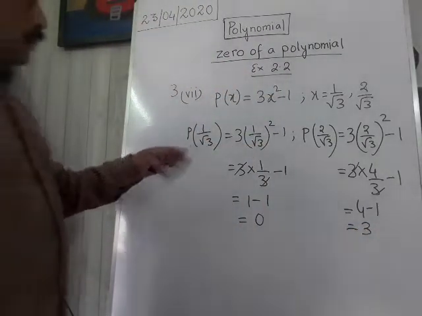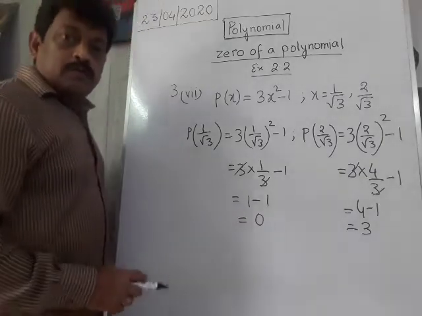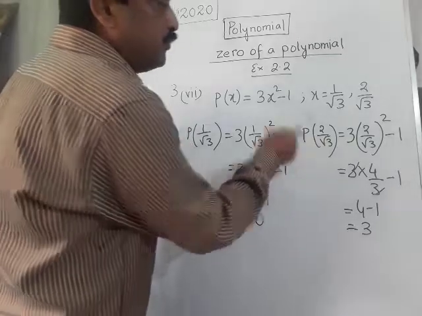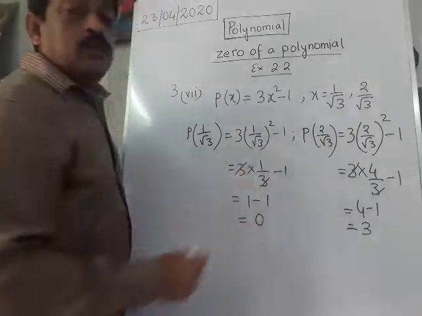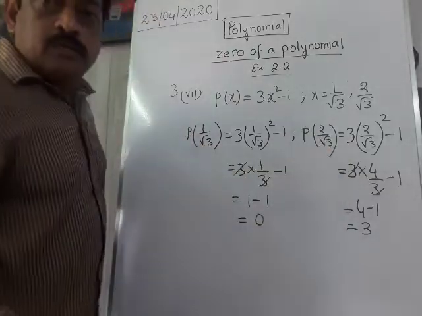So when I am replacing x with 1 upon root 3, I am getting the value of the polynomial as 0. But when I am replacing x with 2 upon root 3, I am getting the value of the polynomial as 3. That means the value is not 0.